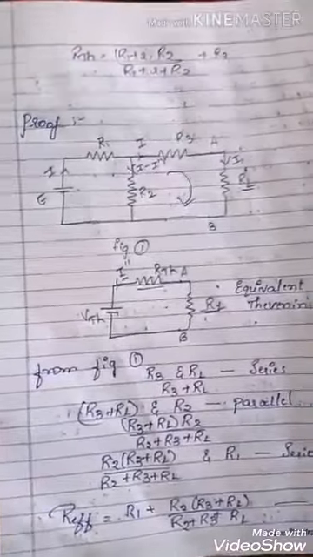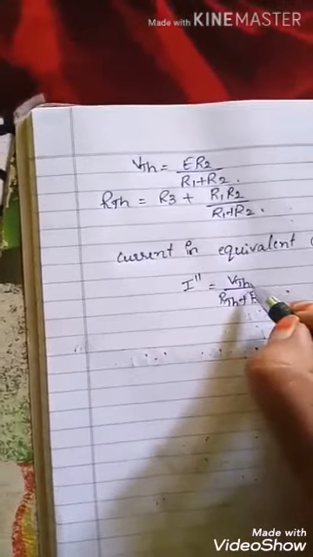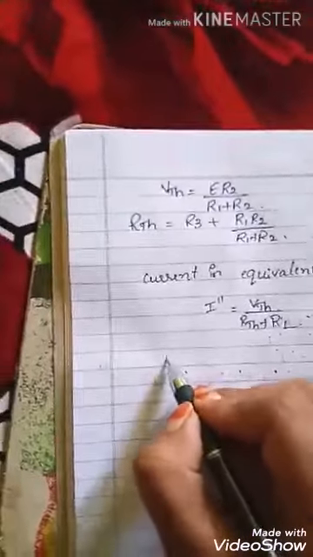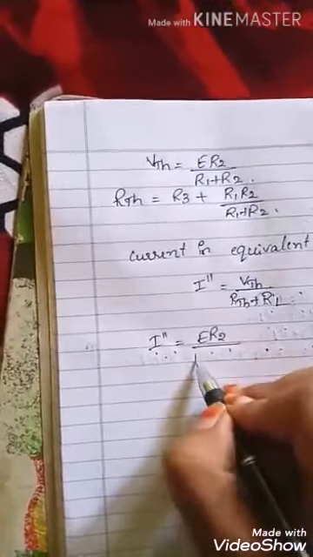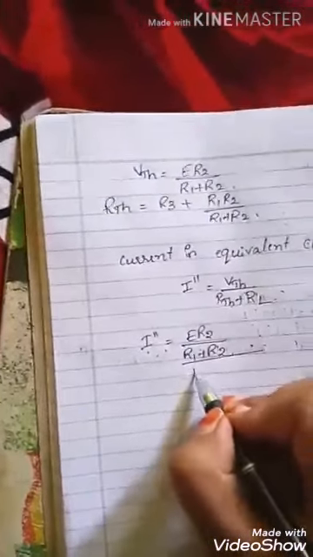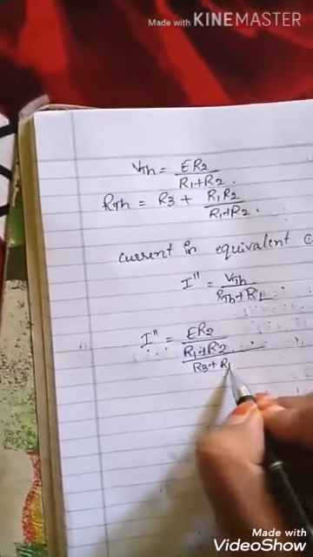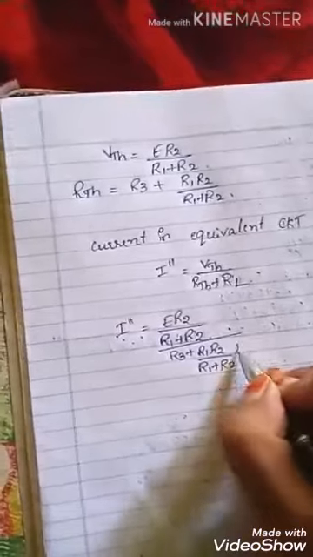We know from Ohm's law V equal to IR, so I equal to V by RTH plus RL. This is the equation. Now we'll substitute the values of VTH and RTH. So I double dash will become E R2 divided by R1 plus R2, whole divided by RTH value, which is R3 plus R1 R2 divided by R1 plus R2, plus RL.